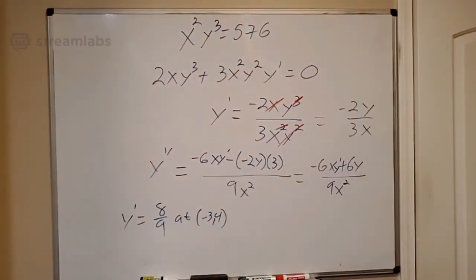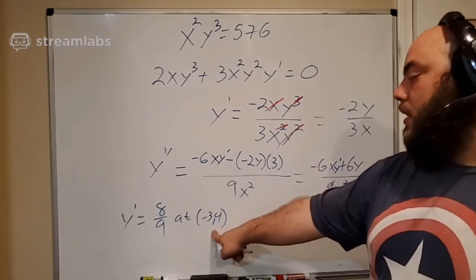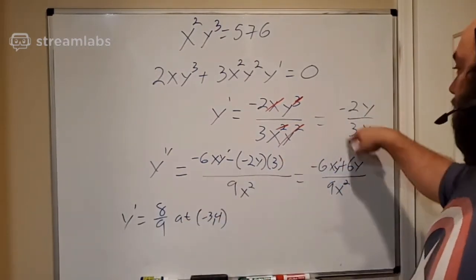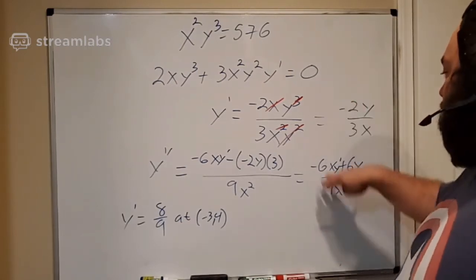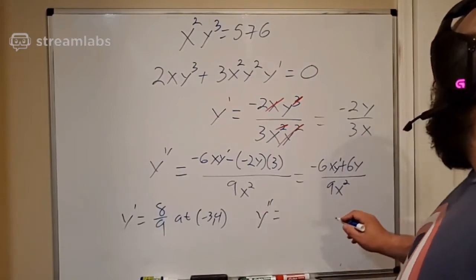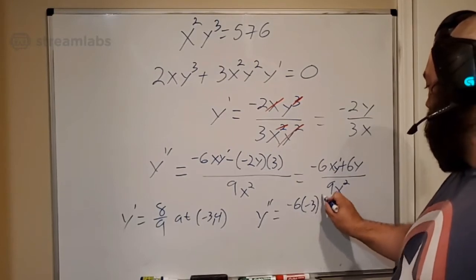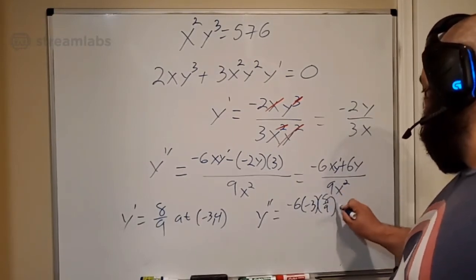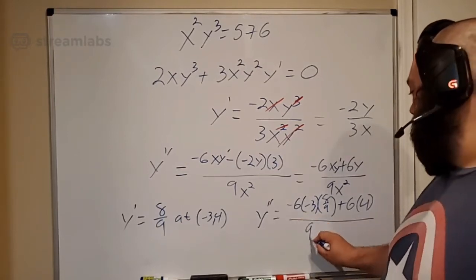And then you plug in everything here. The difference is you have to plug in a y prime value. Well, we know what y prime is. You know it's 8/9. You can either plug this in and then plug in all your x's and y's, or you can just plug in the -3/4. But since we know this is 8/9, you get that y double prime is -6, x is -3, y prime is 8/9, y is 4 over 9 times -3 squared.